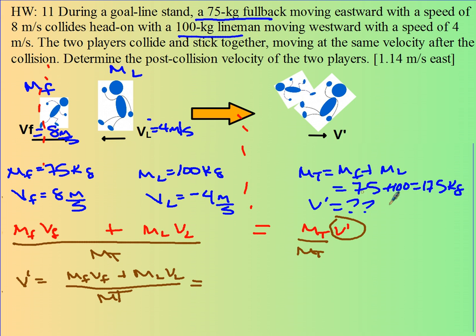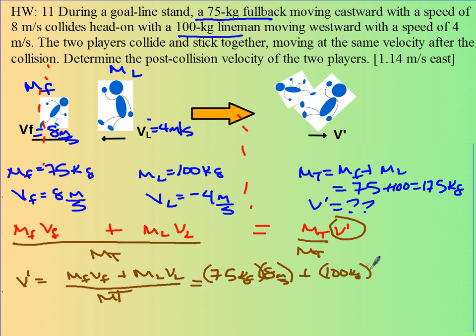I'm showing you how to use the steps up here in a slightly different order. So the mass of the fullback is 75 kilograms. The velocity of the fullback is 8 meters per second. Plus the mass of the lineman is 100 kilograms.